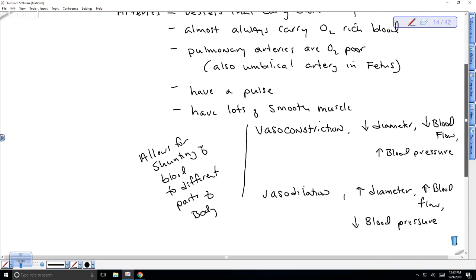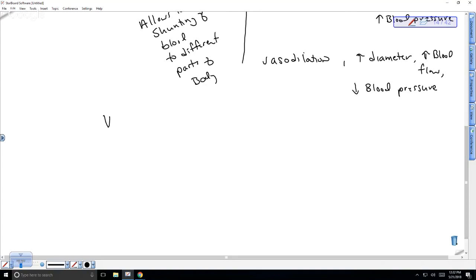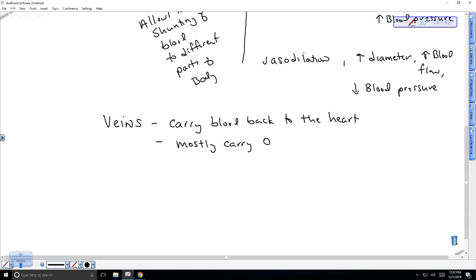The other vessels that we have are veins. And by definition, they carry blood back to the heart. Mostly carry O2 poor blood. Except for the exceptions stated above, right?